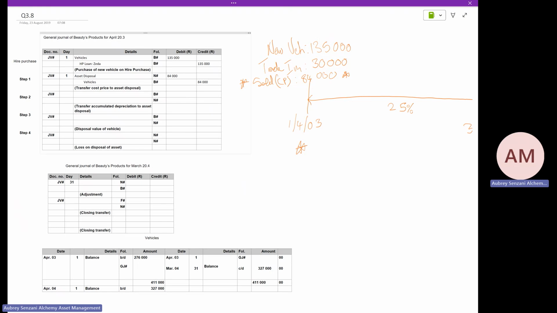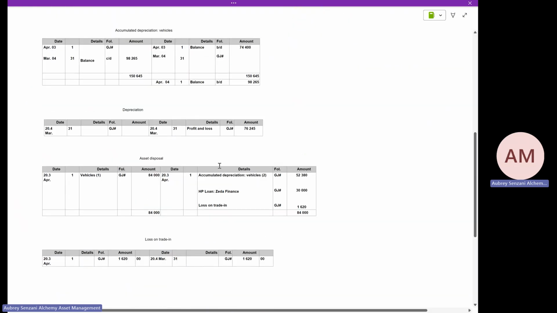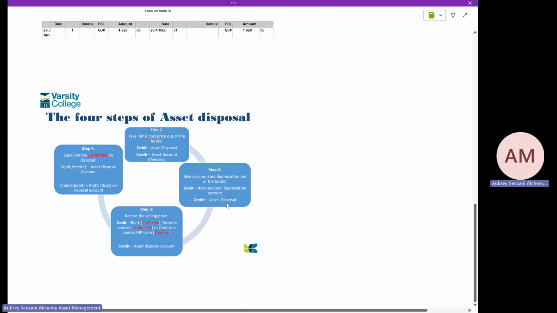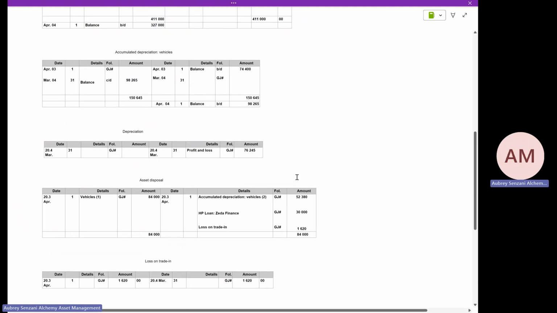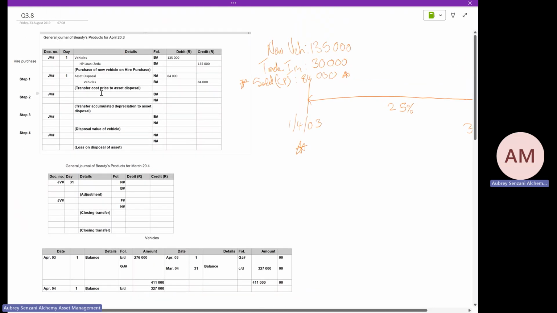Then you now need to follow the second step. Second step is to remove the accumulated depreciation on this asset that we dispose out of the books, which makes sense because we no longer own this asset. So why should its accumulated depreciation be sitting on our books? Accumulated depreciation is a negative asset.